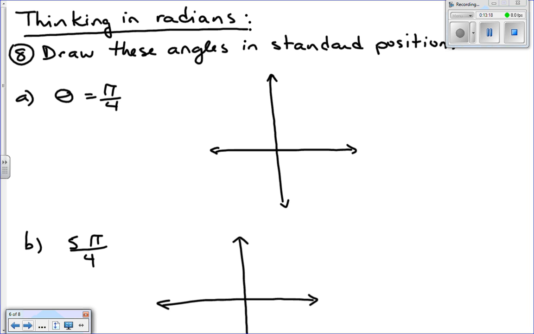Pi radians is a half of a rotation, so it would get you to the negative x-axis. So we're doing pi over 4, or 1/4 pi. So that's 1/4 of the way from the positive x-axis to the negative x-axis. So that will get you right in the middle here. So there's pi over 4 radians.